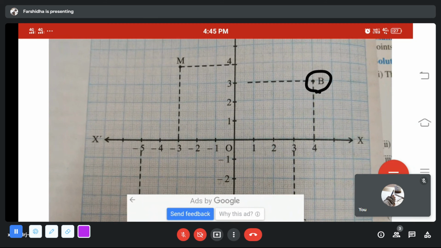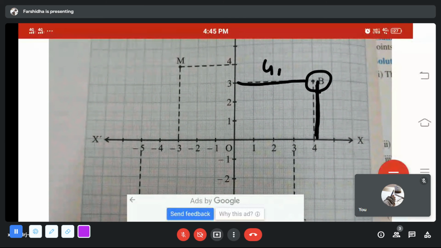Tell me, Sinan, what is the abscissa? X coordinate. That means this distance. It is 4. So the abscissa is 4. What is the ordinate? This distance.